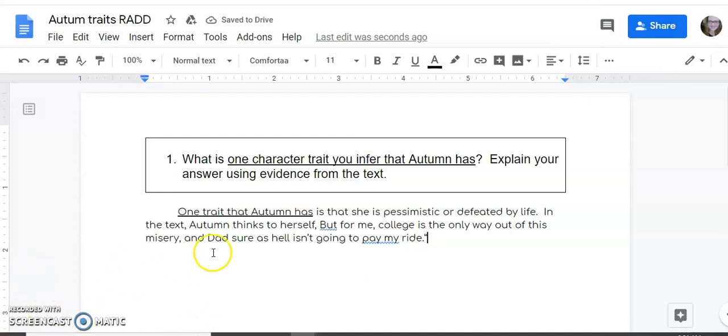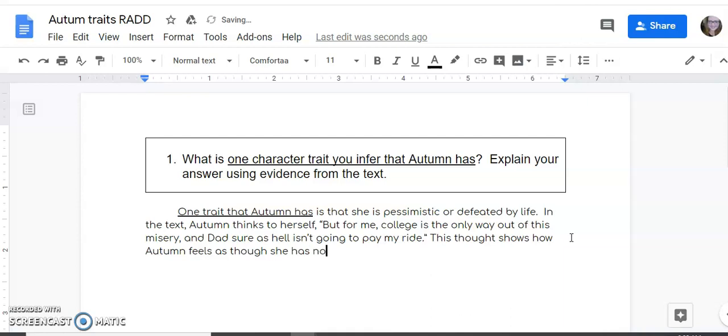Notice that I introduced the quote. You can't just put a quote here without saying anything. So I've got this transition statement, in the text, and Autumn thinks to herself this. This thought shows how Autumn feels as though she has no escape from her life without leaving altogether.